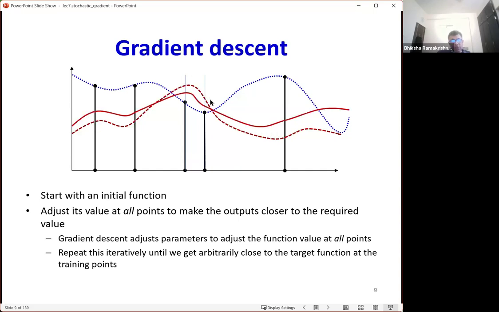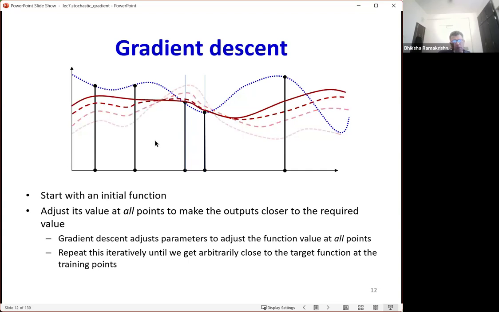And then that will give us a new function value because all the parameters have been updated. And then once again, the gradients will tell us which way to adjust the parameters so that the error reduces at each of the training points, and that gives us a new value for the function, and so on. So we keep repeating this till we get arbitrarily close to the target function at the training points.